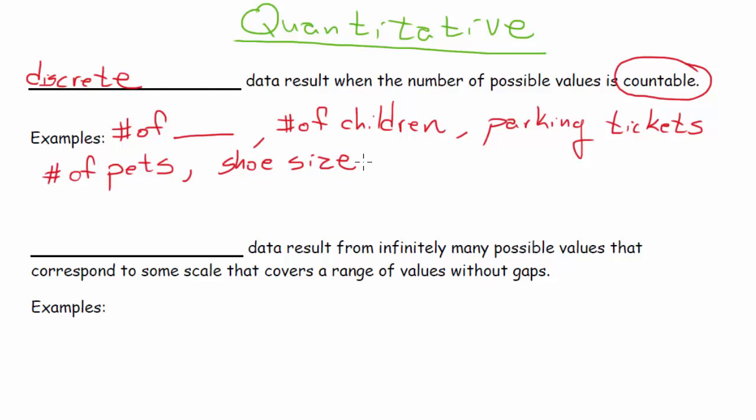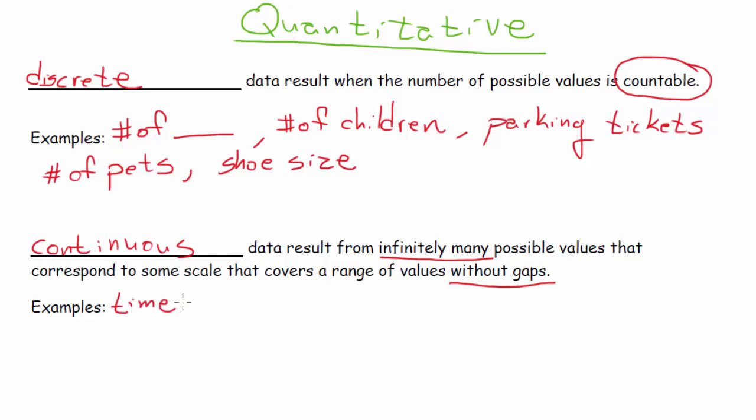All right. This discrete data is in contrast to continuous. All right, so continuous data results from infinitely many possible values. So here what's important is that there are infinitely many possible values and that this covers some range without gaps. So an example of continuous might be time.